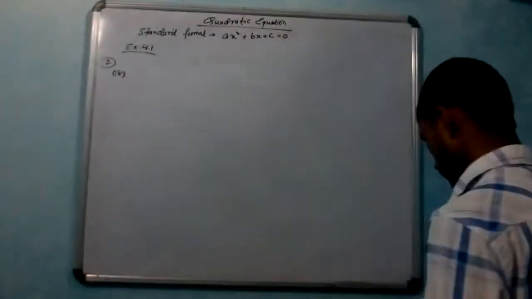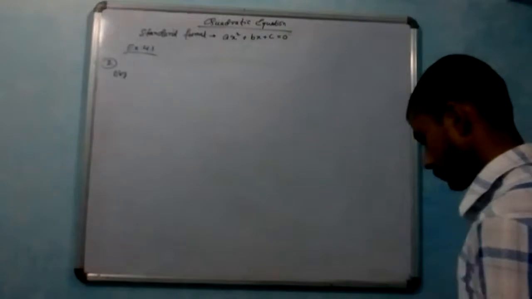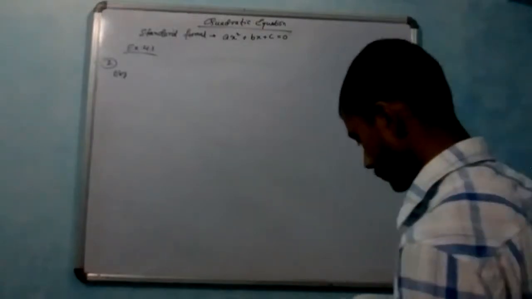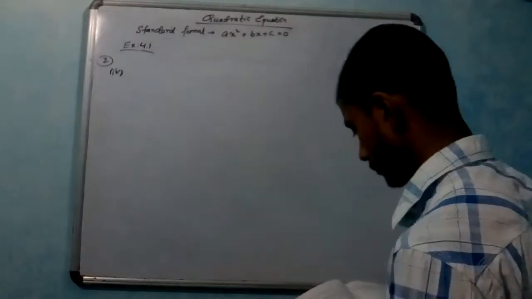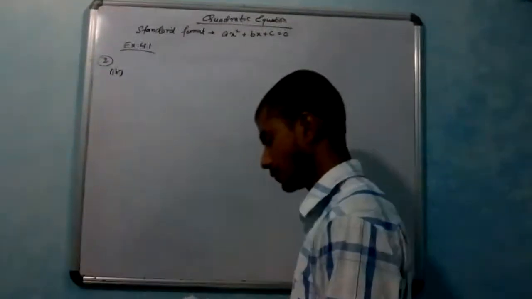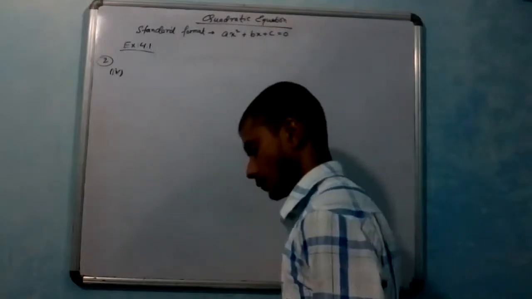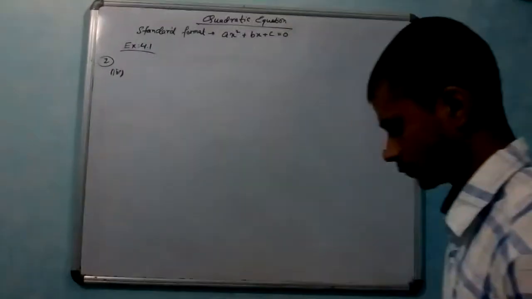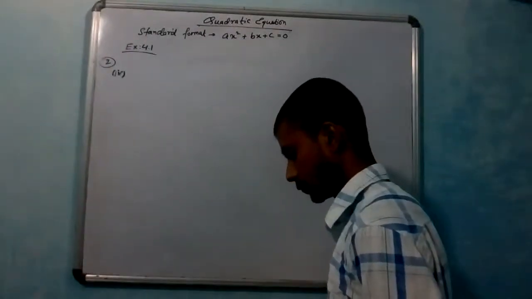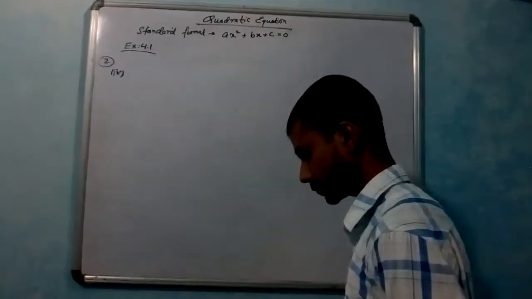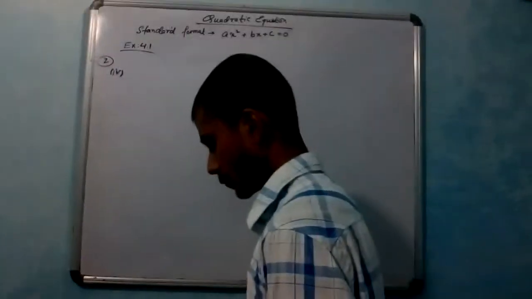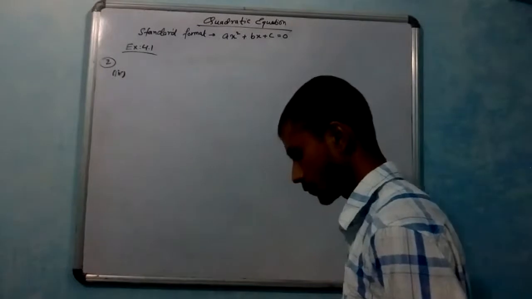X kilometer per hour. Tell me the second statement. Let me read this question. A train travels a distance of 480 kilometer.